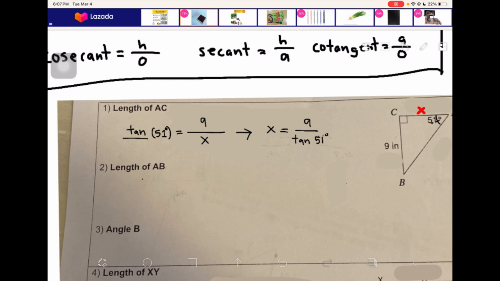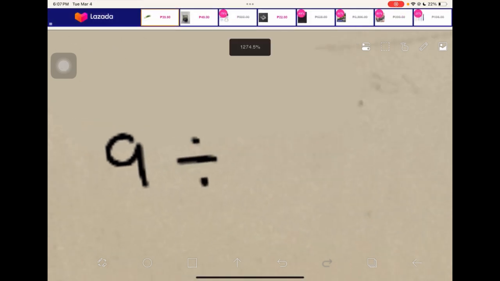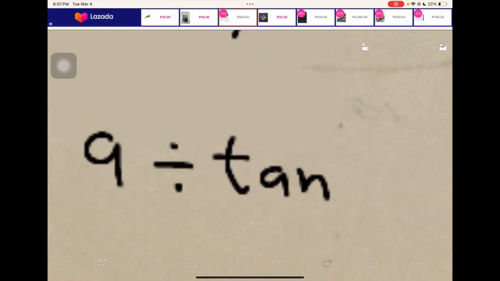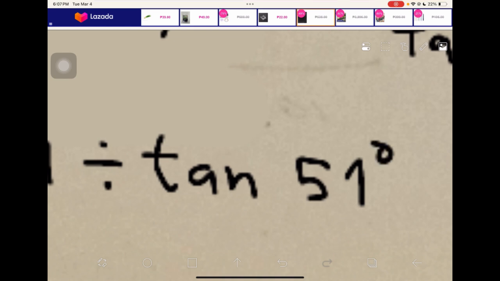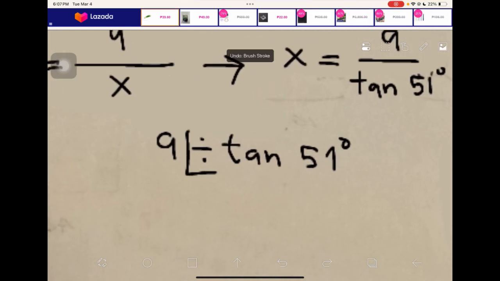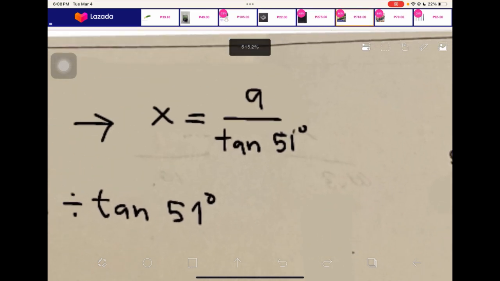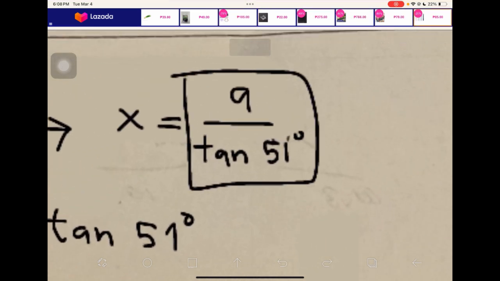I'll show you a picture of it, but on the calculator, you should have typed something like this, or you can replace this division sign with a fraction symbol. So it's either this on the calculator, or if your calculator is capable of it, you can do this.